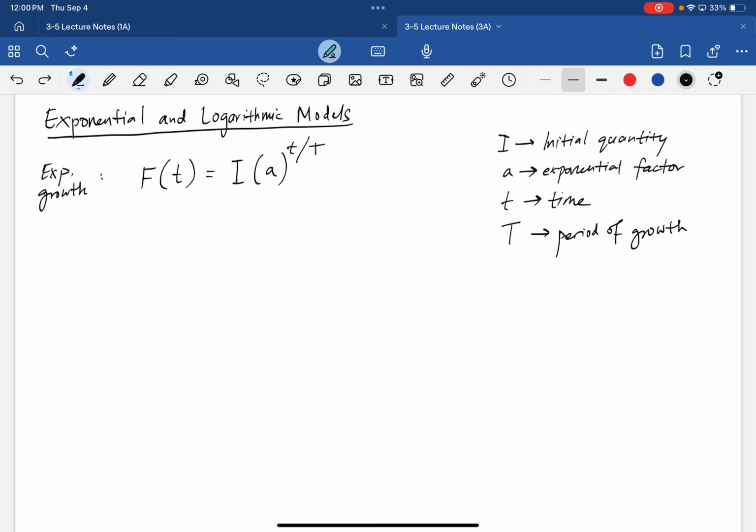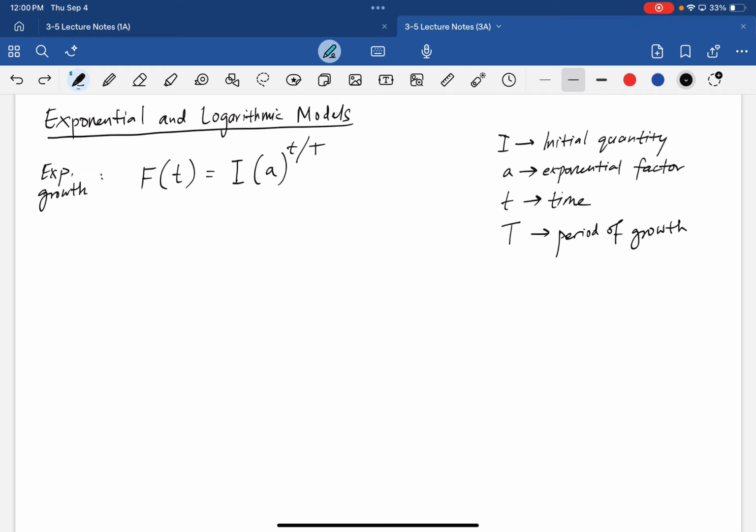Exponential decay. So exponential growth is where we're increasing by a certain factor for every certain period of time. But exponential decay is where we're decreasing by that factor, right? So maybe I could start out by graphing this exponential growth function to see what the decay function would look like, right?